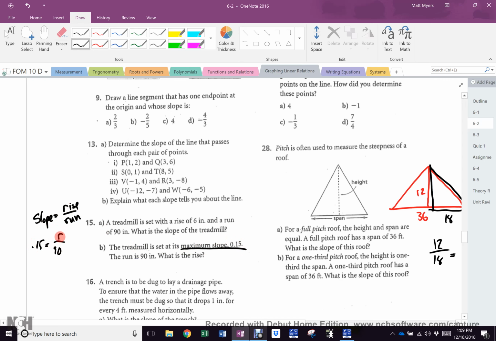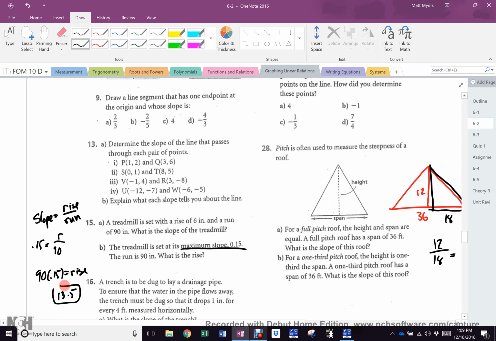Solve that. How do you get rid of divided by 90? Multiply by 90. 90 times 0.15 will give me my rise. What is that? How do you do that question? Get it. Excuse me. 13.5. So the rise is 13.5.